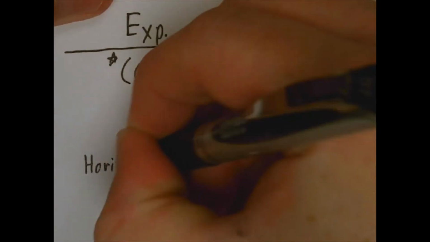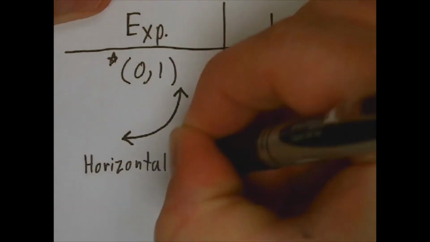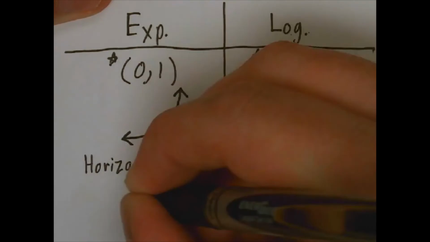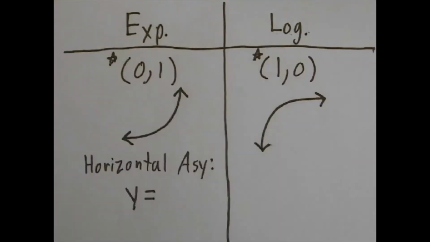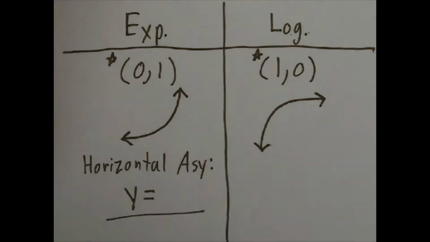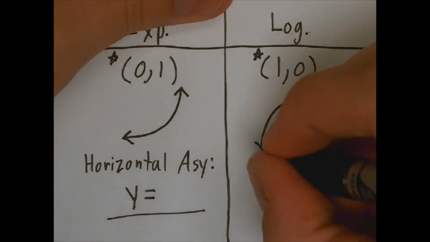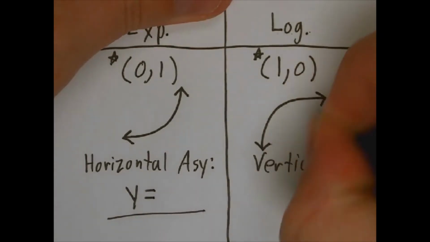Exponential functions have horizontal asymptotes, and if it's horizontal, it has to be y equals. Okay, so horizontal asymptote. What's the opposite of horizontal? Vertical.